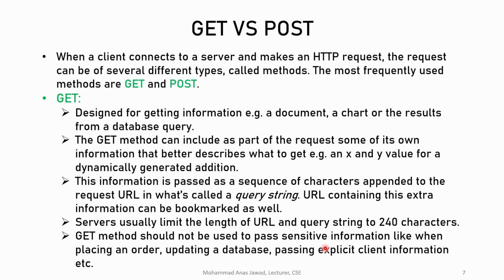Another thing, unless explicitly mentioned, any kind of client request uses the get method by default. All right. If you want to use a separate type of method to handle that client request, you need to specify it in your web application, which we will see how to do later on.